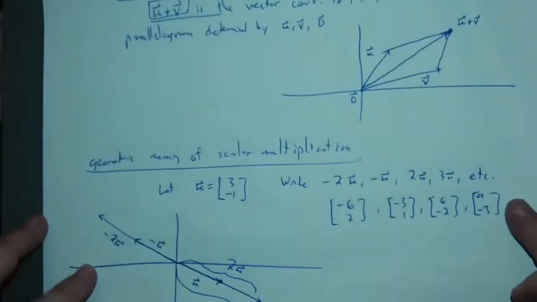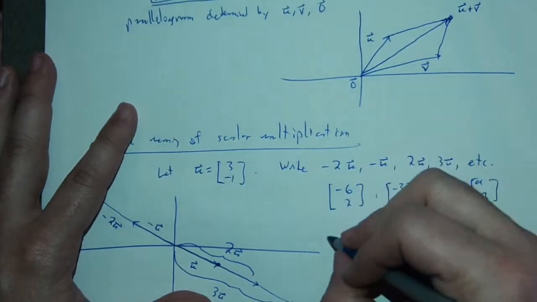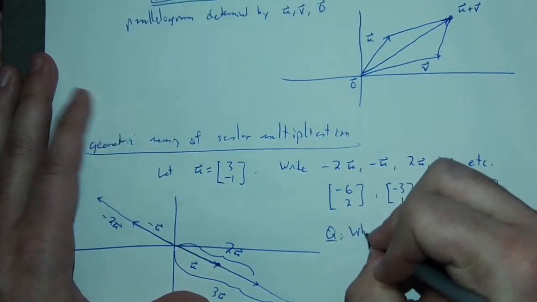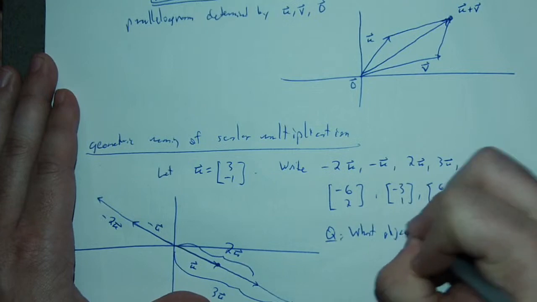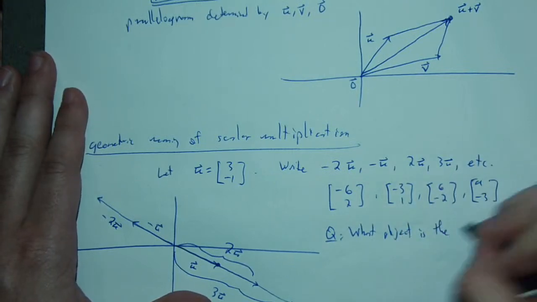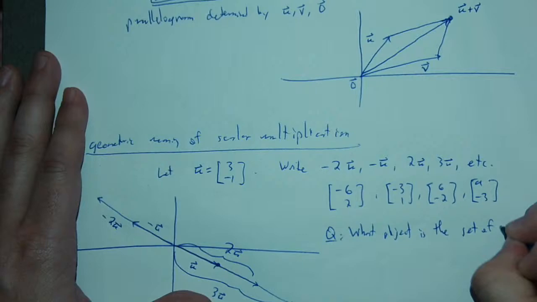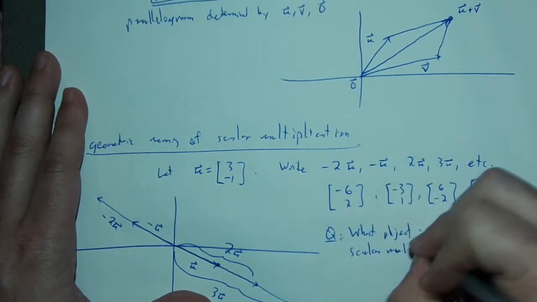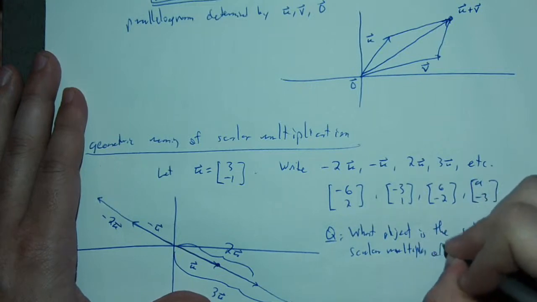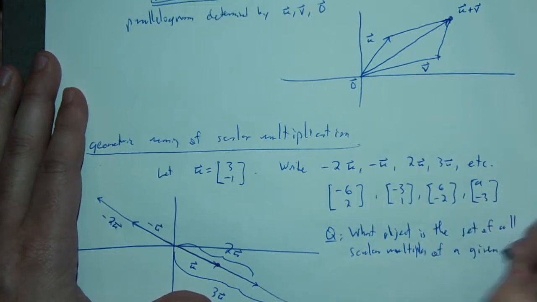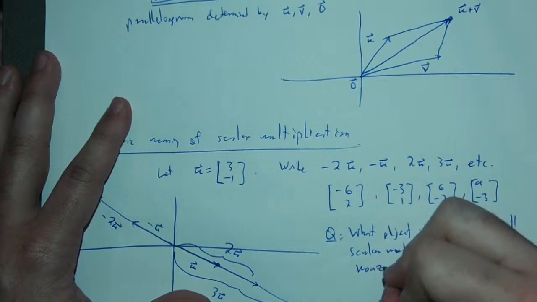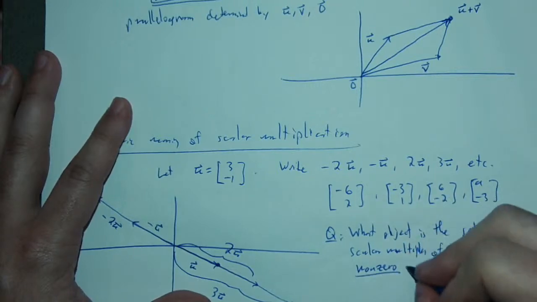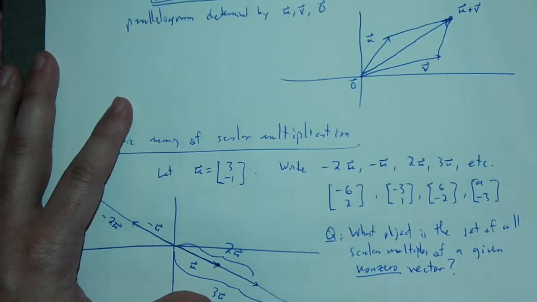Okay. Now, so natural question, what object is the set of all scalar multiples of a given non-zero, that is an important assumption, vector?